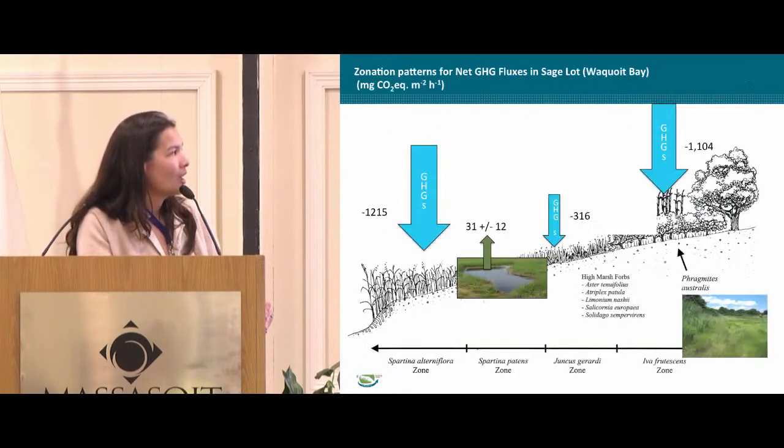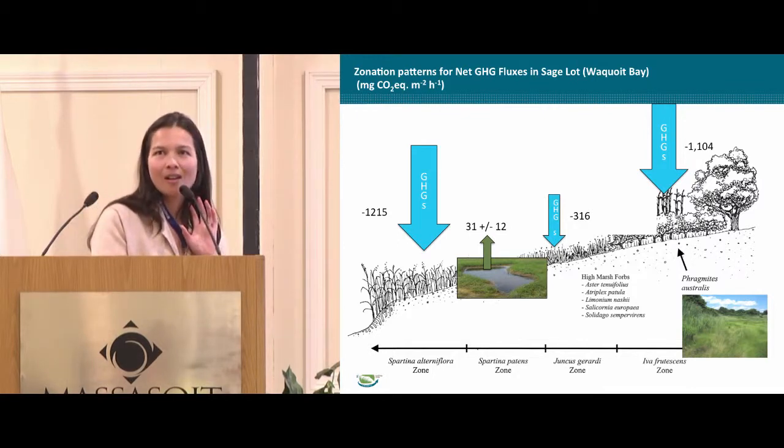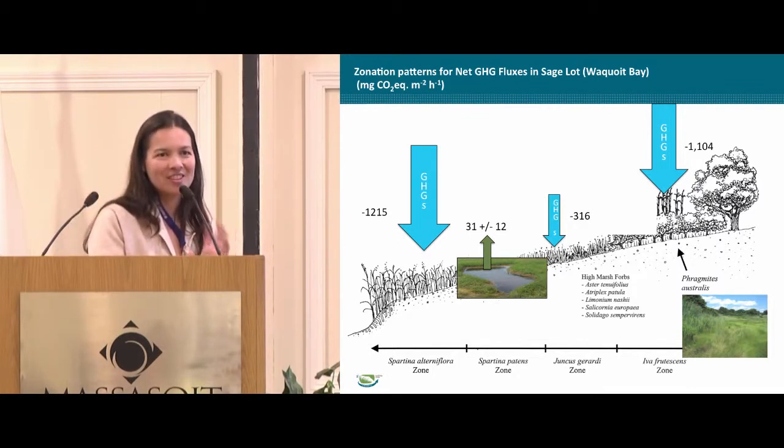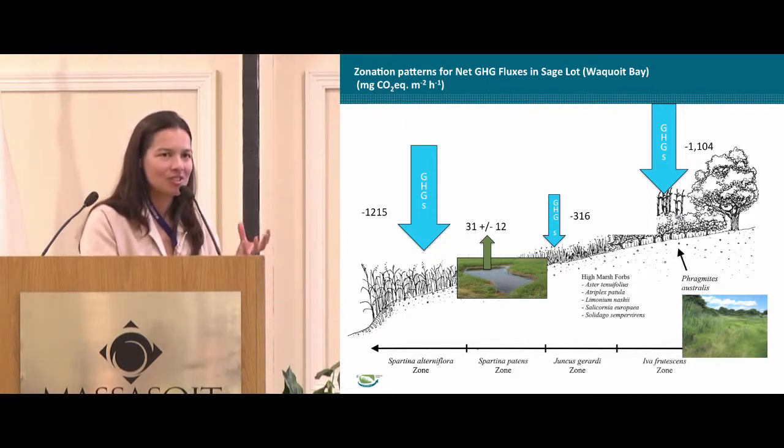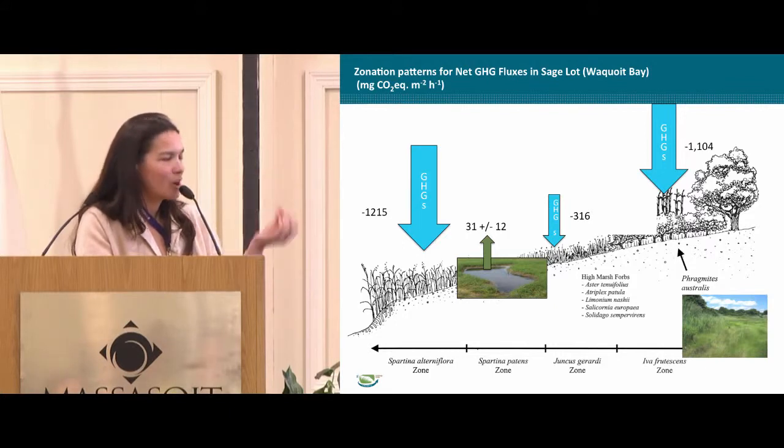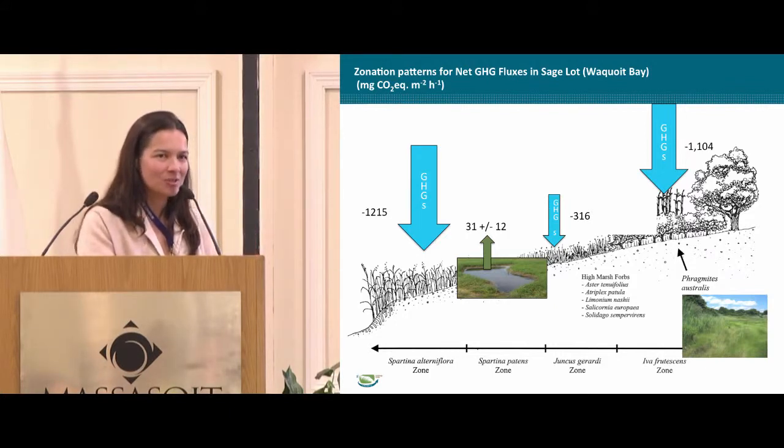So if I could try to just give a relative magnitude comparison of these different plant-defined zones, it would look like this, with the biggest downward arrows indicating CO2 uptake rates, exchanges of CO2 being drawn down from the atmosphere into the soils.